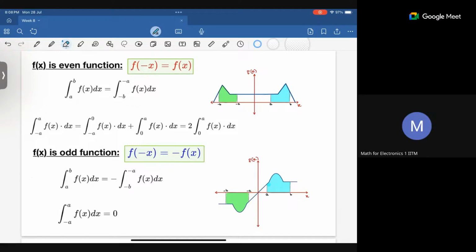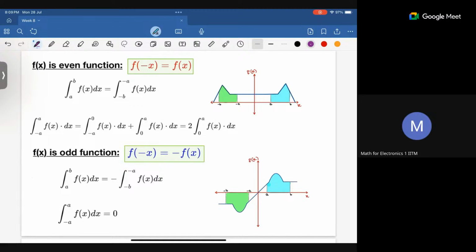Suppose f of x is an even function. We all know what an even function is: f of minus x is equal to f of x, right? Or graphically, it is symmetric along the y-axis. So if you want to compute from some point A to point B where A and B are positive values, as in the graph here, that area will be equal to the area from minus B to minus A, because it is symmetric.